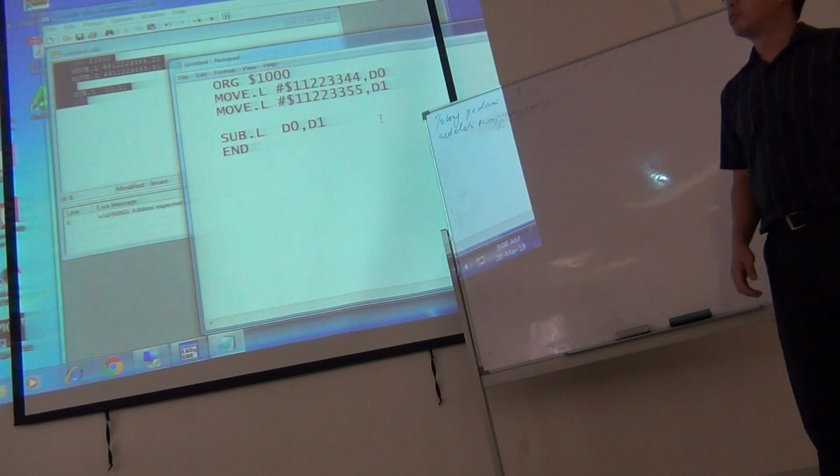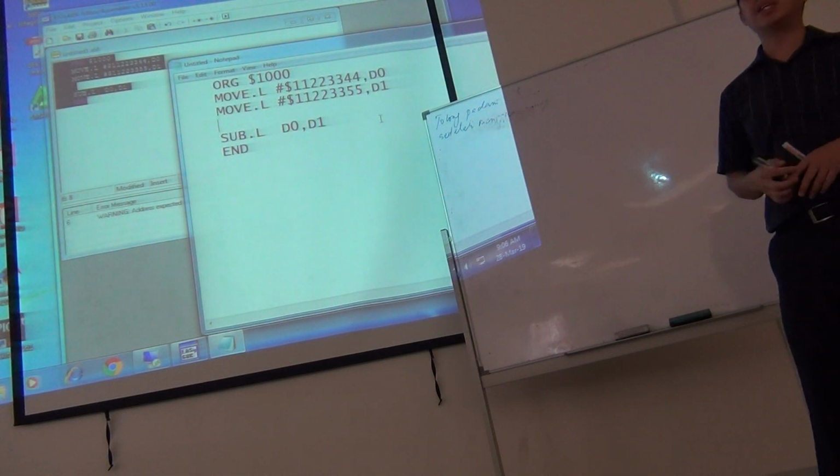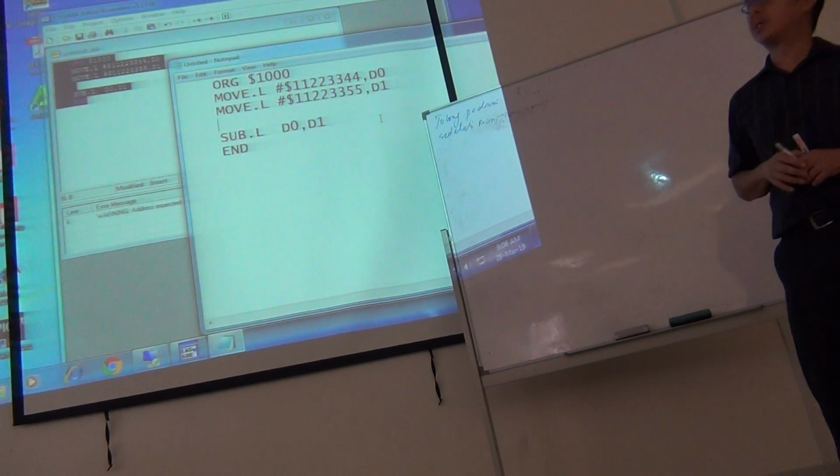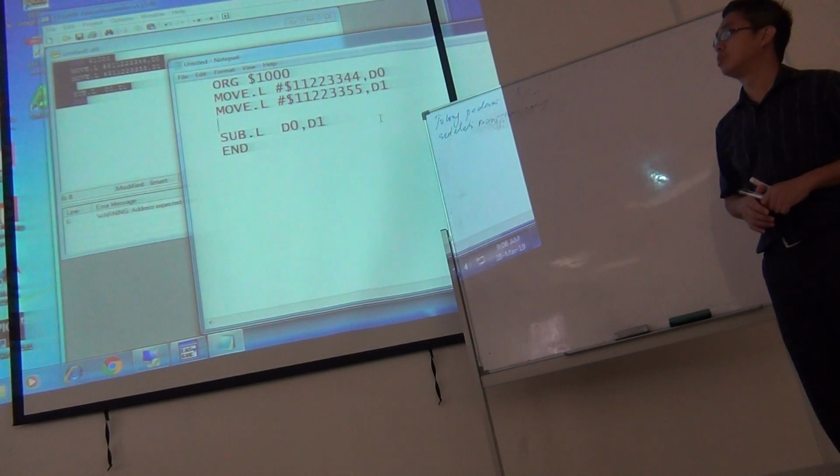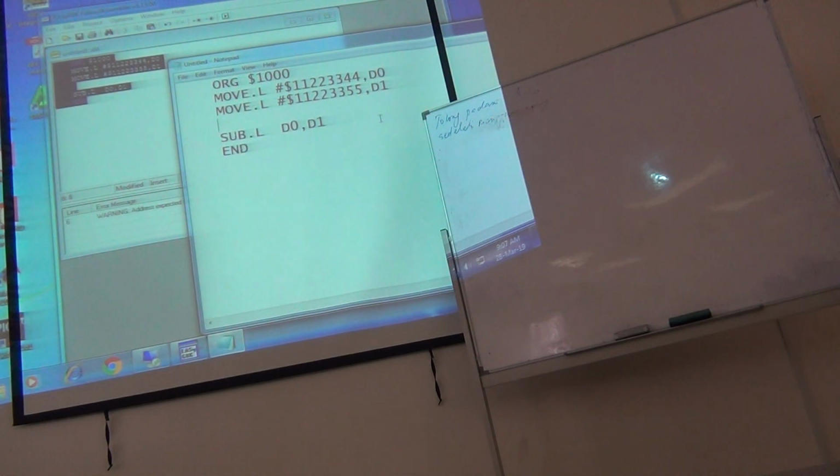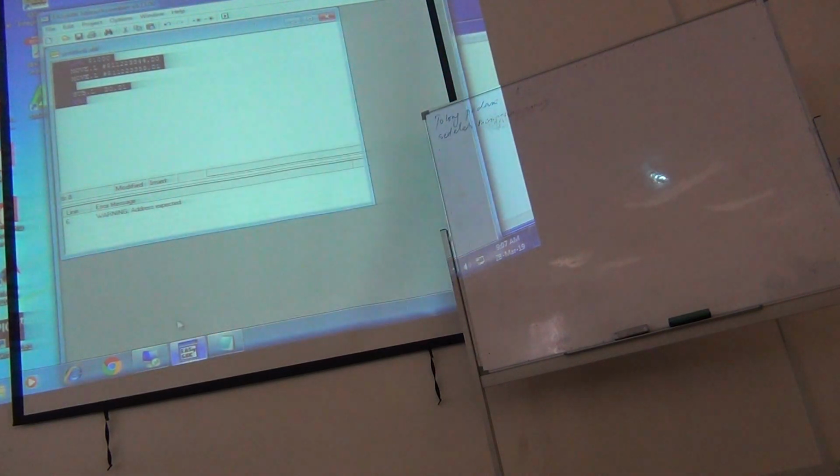So, before we look at the compiler, the command is very simple, sub.long D0 D1 or sub.byte, much easier. Let's try sub.byte here. I just want to see two only, I don't want to have more.